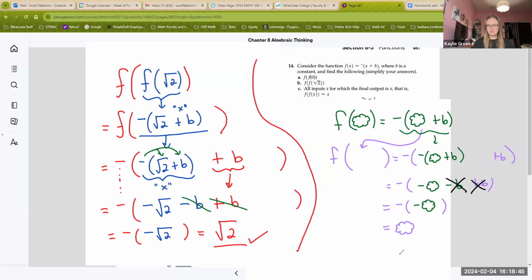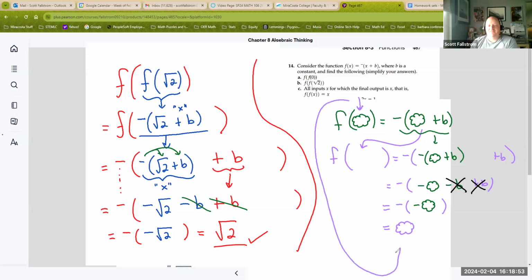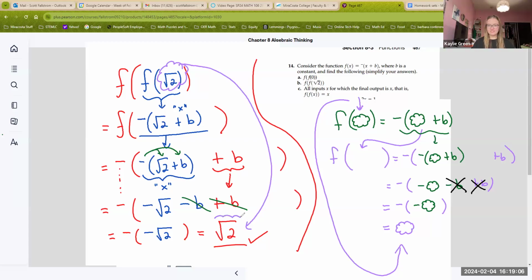So what this says is if you start by plugging in the cloud and do a whole bunch of stuff, guess what you get at the end? The cloud. So if I started with square root of 2, I'm going to end with square root of 2, because that's the cloud.